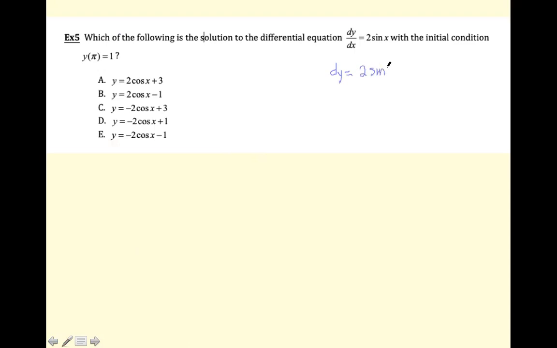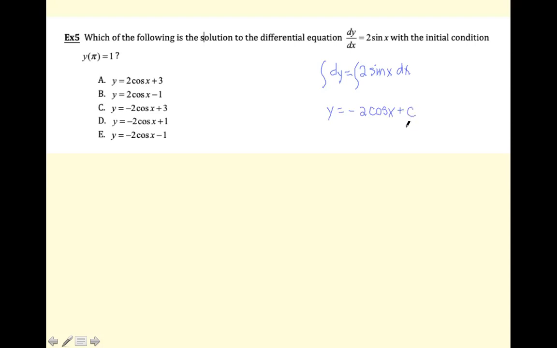So this one looks pretty straightforward. Take the antiderivative of both sides. So integrate the left, integrate the right. Antiderivative here would just be y, because we're left with 1. So y equals the antiderivative of 2 sine x, which would be negative 2 cosine x, plus c.